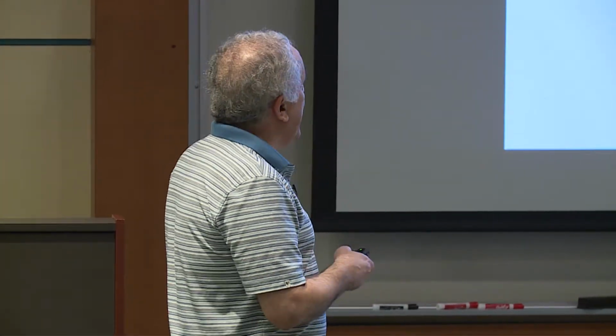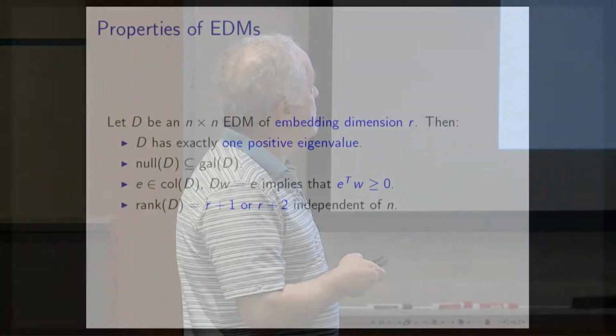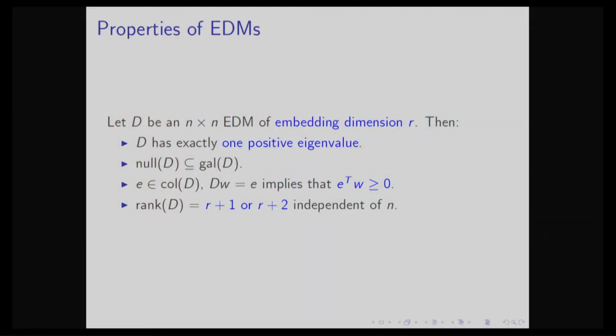Moreover, the rank of D is always either r plus 1 or r plus 2, independent of n. So if you have 1,000 points, let's say a sensor network consisting of 1,000 sensors, then you know the rank of this matrix is at most 5, because r is the embedding dimension. Okay? So it's either this or that. Only 2 possibilities for the rank.